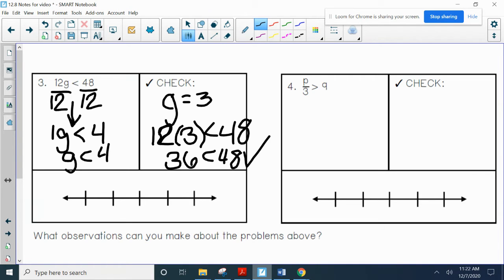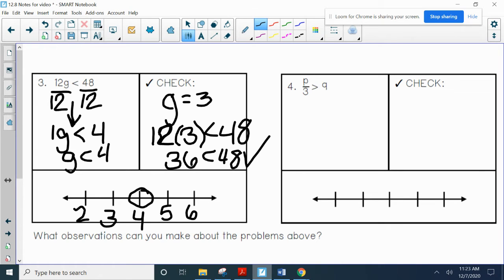So then, when you graph this, did you use an open or a closed circle? Why? That's right. We should have chosen an open circle because it does not include the 4. We're going to put our 4 here. We're going to put some numbers bigger than it and some numbers smaller than it.